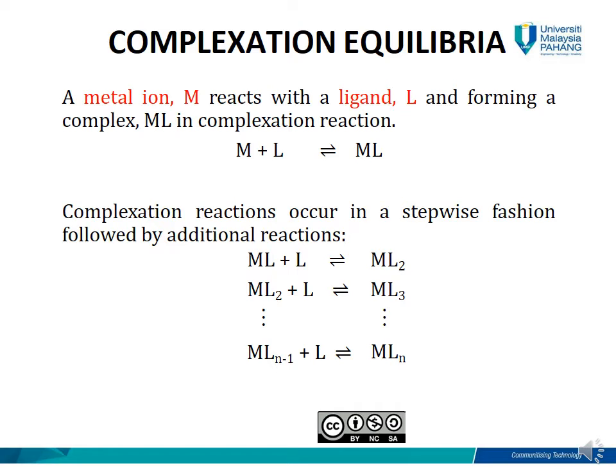Okay, now let's look at the equilibrium of complexation reaction. So basically, the complexation reaction involves a metal ion reacting with the ligand, and it will form a new complex, in this case with the symbol ML. So basically, the complex will not only be produced in a single step.